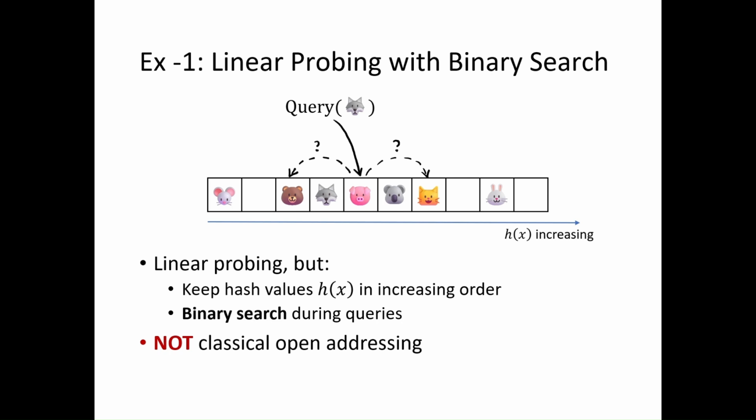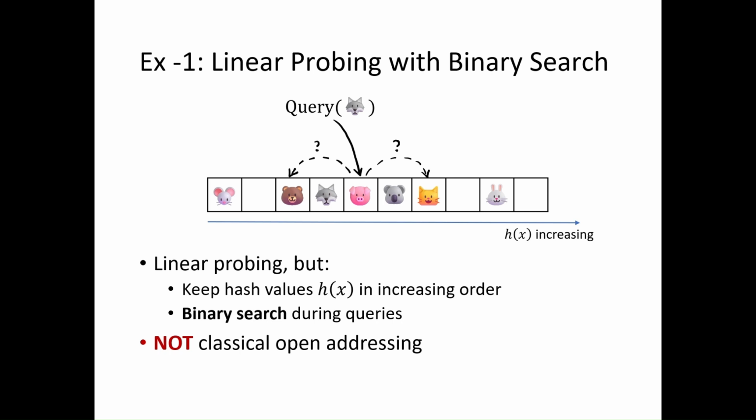Maintaining this additional feature does not change the time complexity of insertions and deletions, but since the hash values are now increasing, it enables us to use binary search when we query something. This will significantly improve the query time complexity.